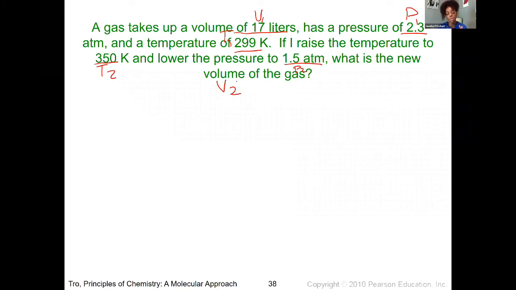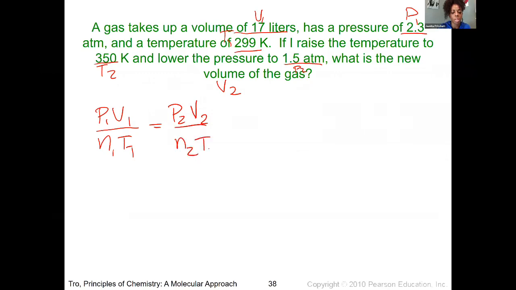And so again, since we have this starting in a certain set of conditions, changing to a new set of conditions, we now want to make sure we're using the appropriate equation, which would be that expanded ideal gas law. So P1 V1 over n1 T1 is equal to P2 V2 divided by n2 T2. Now notice moles was not mentioned in this problem, so we can assume that it's held constant, and so that can drop out of our equation.